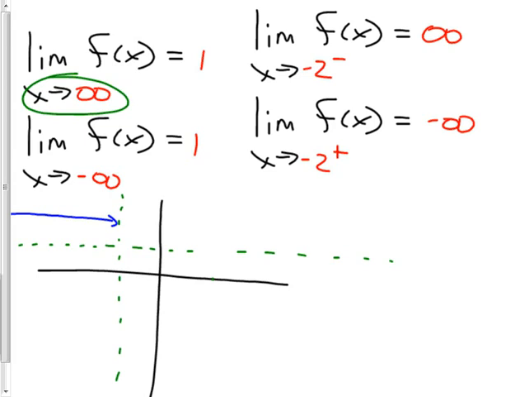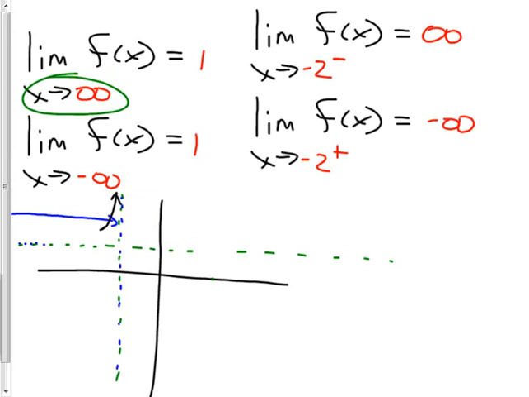You could kind of assume that it just goes like this and like this, but you wouldn't want to assume that. You might get it wrong. So you ask yourself, as it approaches negative 2 from the negative side, as I get closer to this line from over here, it goes to positive infinity. So as I get closer and closer to this, it's going to go up.